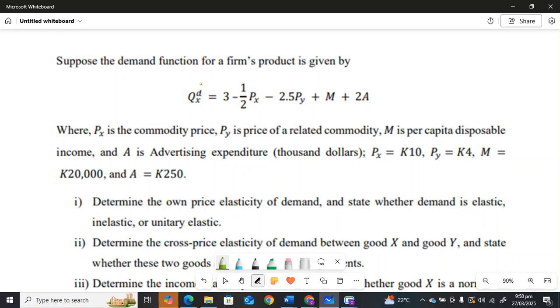So quantity demanded is dependent on the price of this good. As we see, it's a negative here. It means there's an inverse relationship between the price of the good and the quantity demanded. If price goes up, quantity demanded goes down.